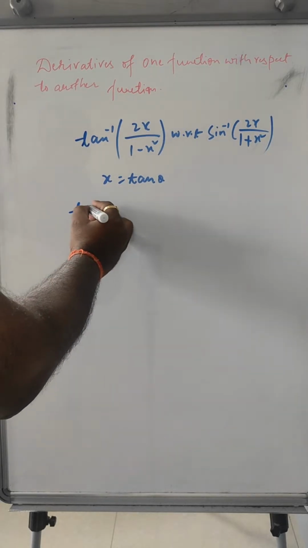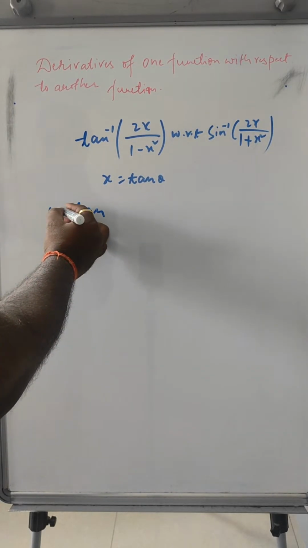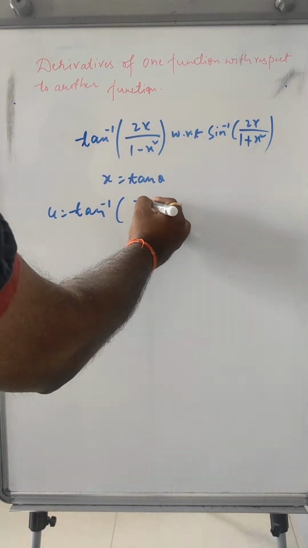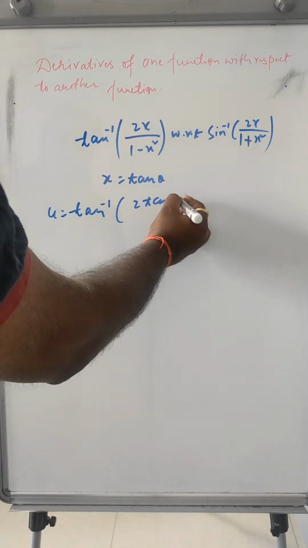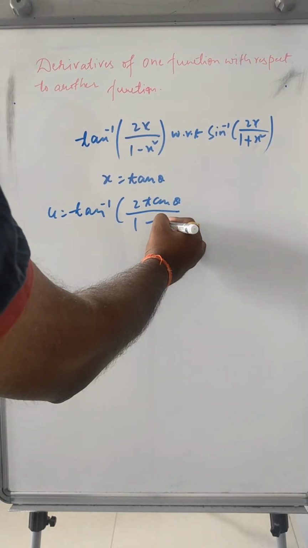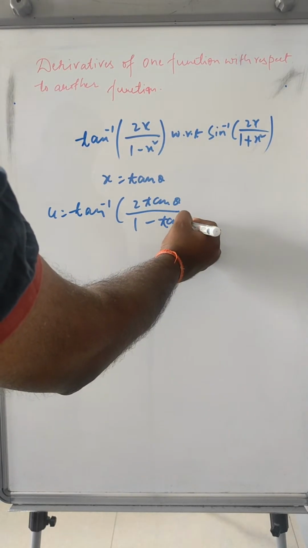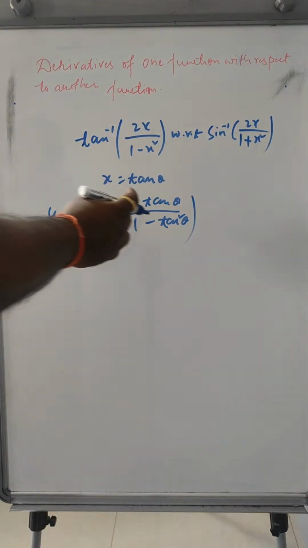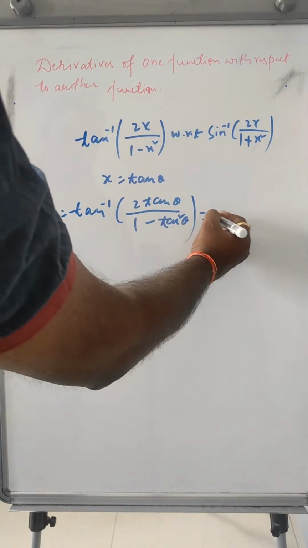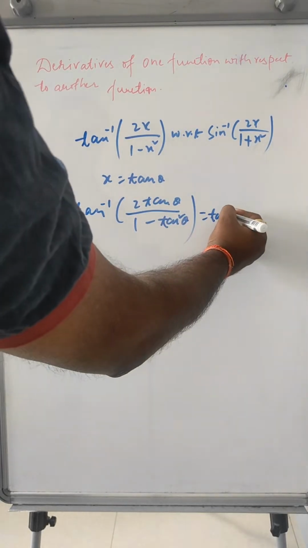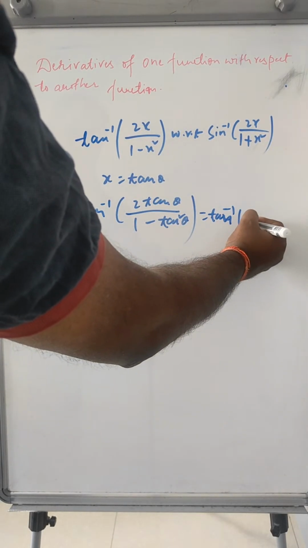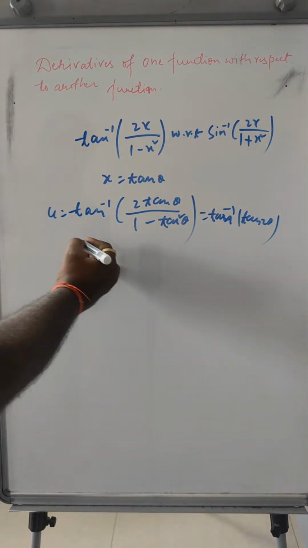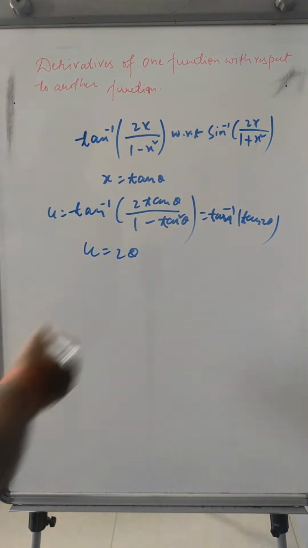So now let u be equal to this, tan inverse of 2 tan theta over 1 minus tan square theta. Am I right? Correct. So this is what? Tan 2 theta. So tan inverse tan 2 theta. So u is equal to 2 theta.